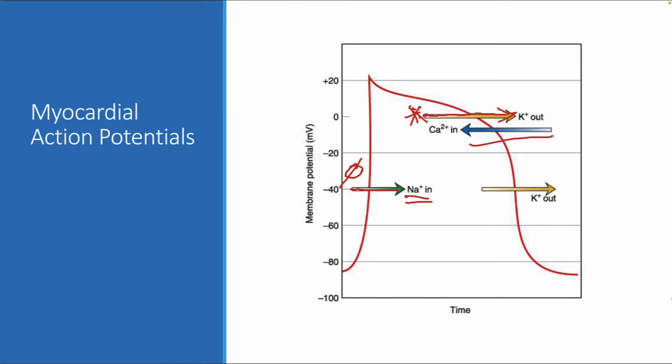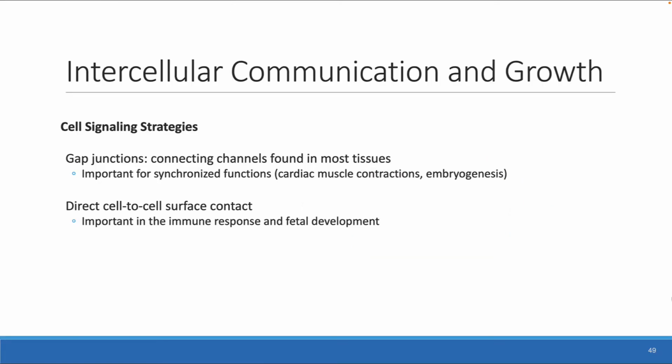Immediately thereafter, calcium comes back in, and we have more potassium going out before we go back to the beginning of sodium moving in. That's the action potential. That's the way that the heart works. It's a gradient between electrical charges on either side of the membrane.